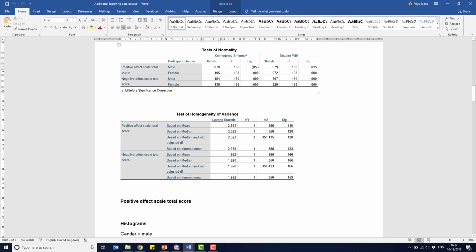We're very much borderline here for the male score, but it's not a great sign. That's 0.053, technically just over 0.05, but we could say it's probably not going to be normally distributed.